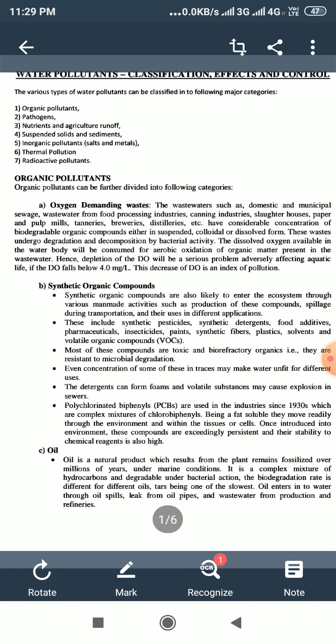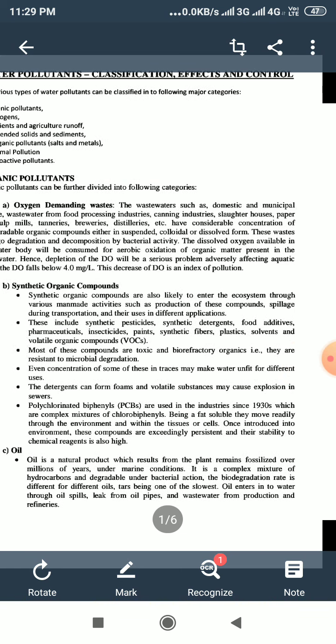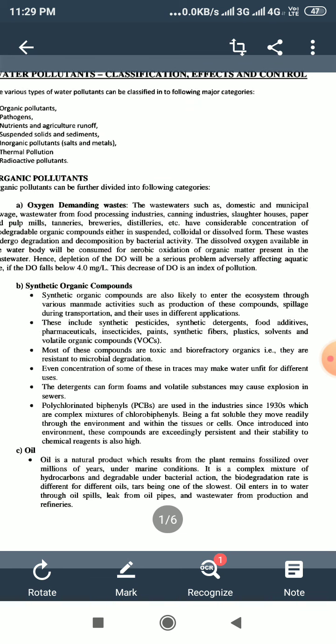Now, first we will take organic pollutants. Organic pollutants can be further divided into the following categories. A. Oxygen demanding waste.